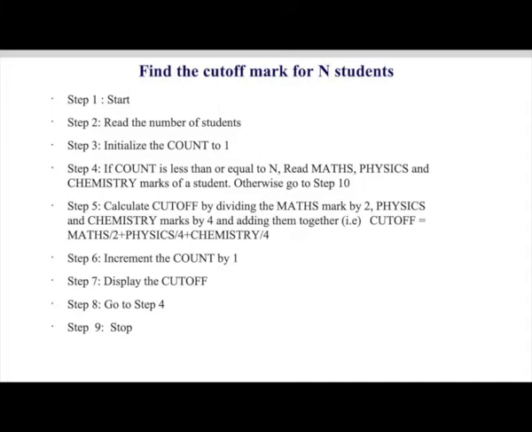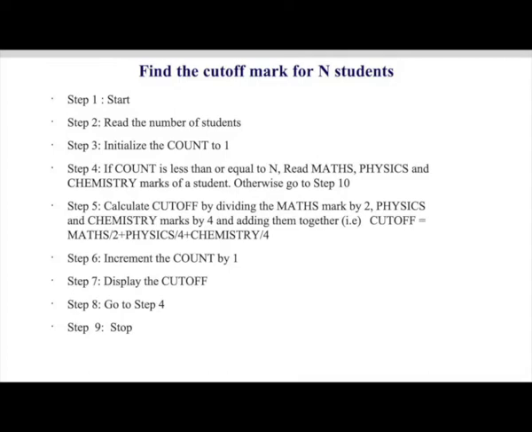Step 1, start. Step 2, read the number of students. Step 3, initialize count to 1. Step 4, if count is less than or equal to n, read maths, physics and chemistry marks of a student. Otherwise, go to step 9. Step 5, calculate cutoff by dividing maths mark by 2, physics and chemistry marks by 4 and adding them.